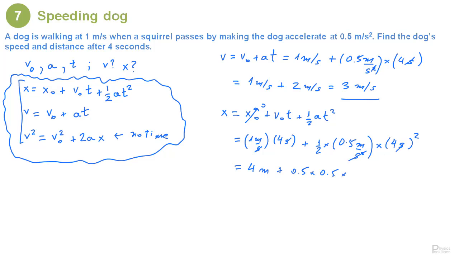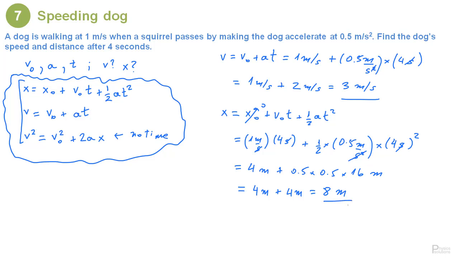And we get this 4 squared is just 16. This also will have units of meters. So we can plug this in the calculator or just do the math. This is 4 meters plus 0.5 times 0.5 times 16 is just 4. So this is 4 plus 4, this is just 8 meters.